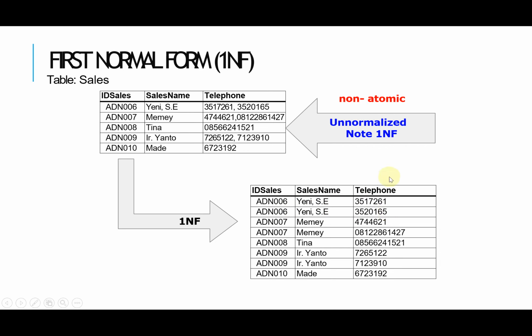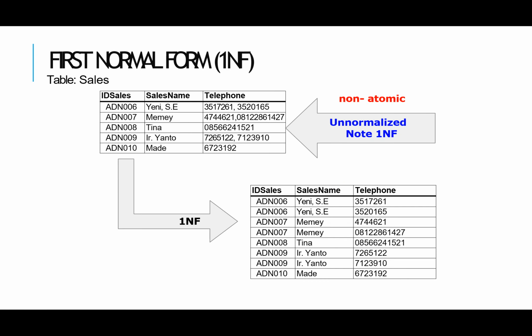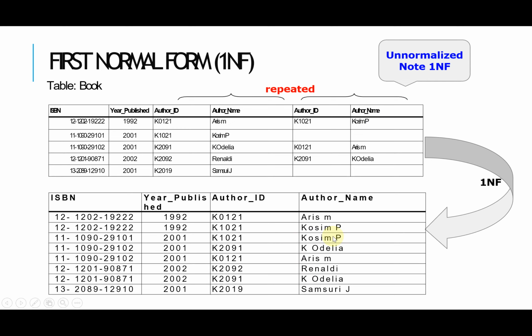This is the normalization to 1NF. This has redundancy again, but no problem, it's better than unnormalized, because we can sort this data.